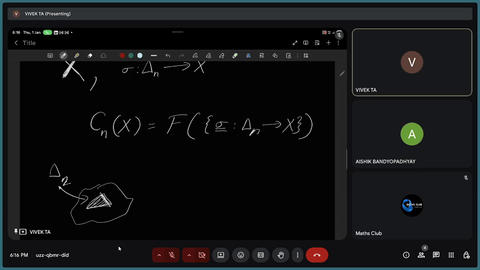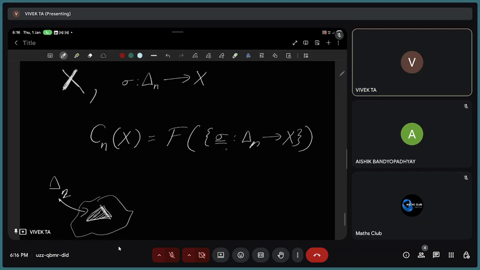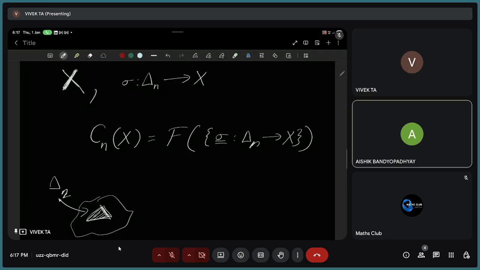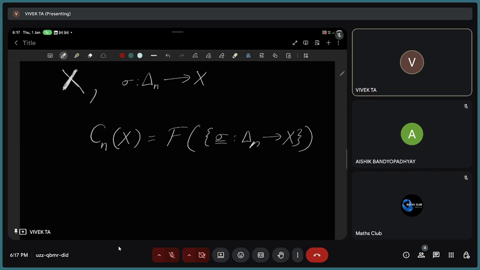That is why this essentially represents the set of all n-dimensional triangles in X, although the correct word I should say is embedding. Do you understand? Yeah. So this is how I define Cn of X.